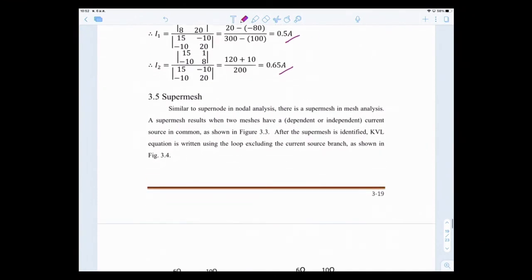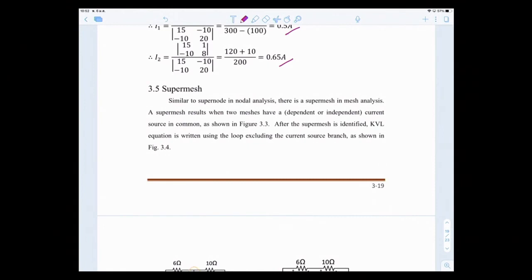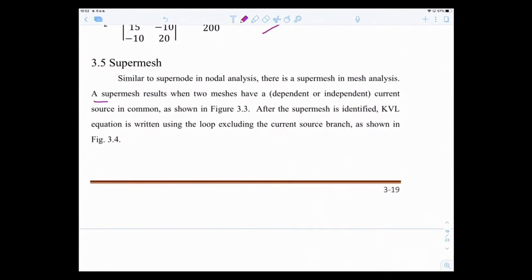So the definition for super mesh is: a super mesh results when two meshes have a dependent or independent current source in common. So two meshes that have a current source in common.